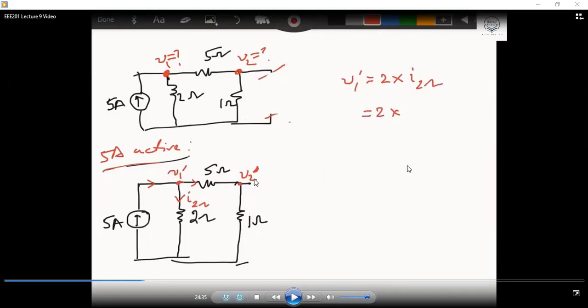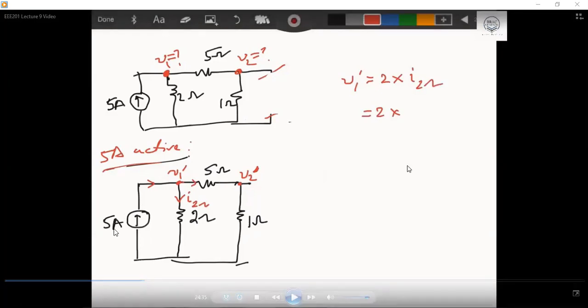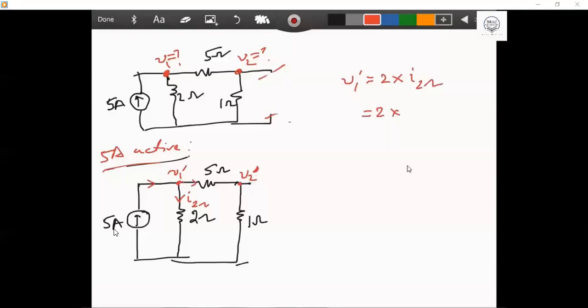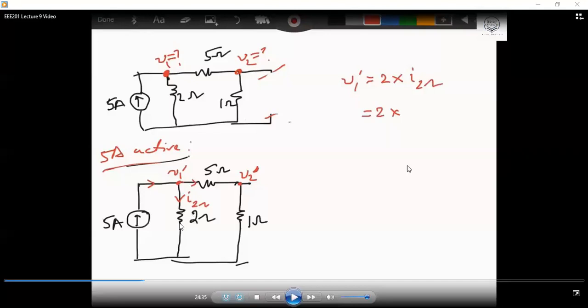Good. Now tell me what is 5? 5 is the current, right? Yes, sir. And what is R1? R1 is, I think, 2, sir. Okay, what is R2? R2 is 6, which is 5 plus 1, right?